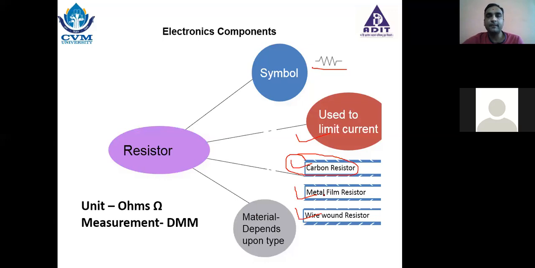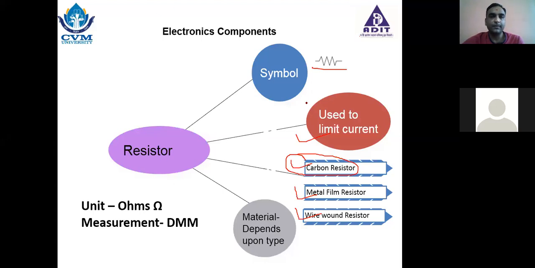Then the metal film resistor. There is a metal film which is wound on resistive material, that is the metal film resistor. Then the wire wound resistor, especially used for high power applications. Let's say wherever you are using 230 volt or more, at that time we use the wire wound resistor.